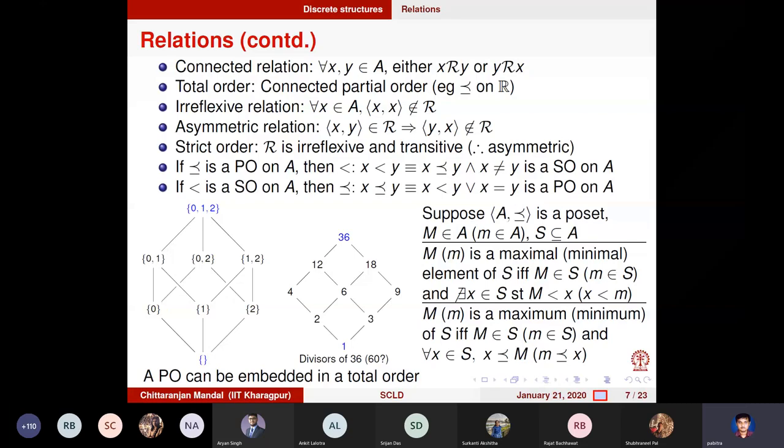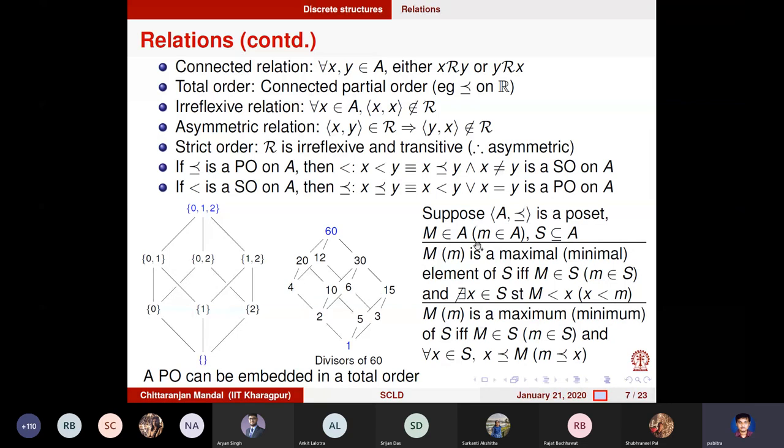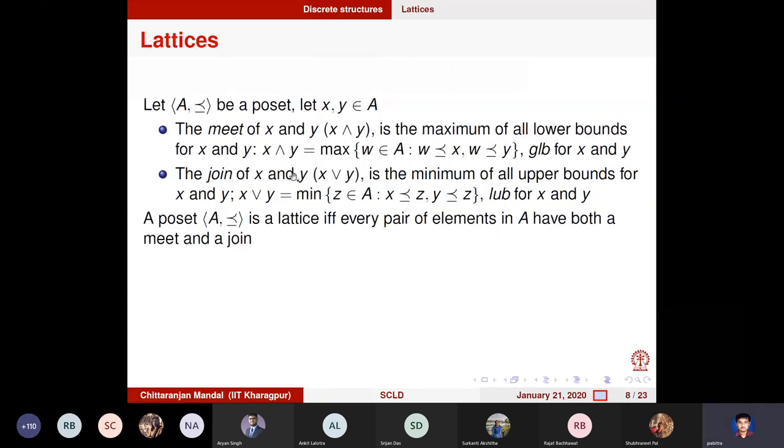So 6 would be called the join of 2 and 3. Okay, so this join and meet can be thought of as binary operators. They take two elements X and Y of A and produce a third element.